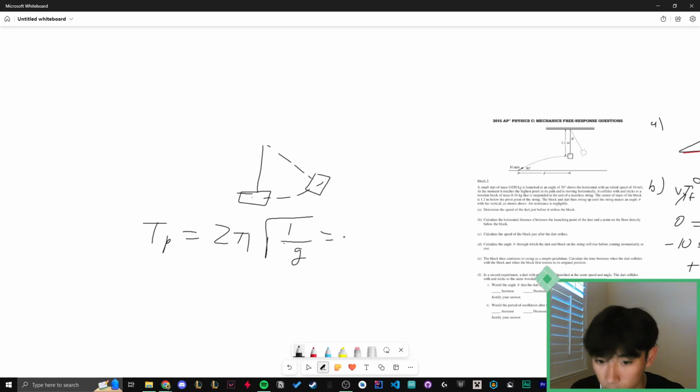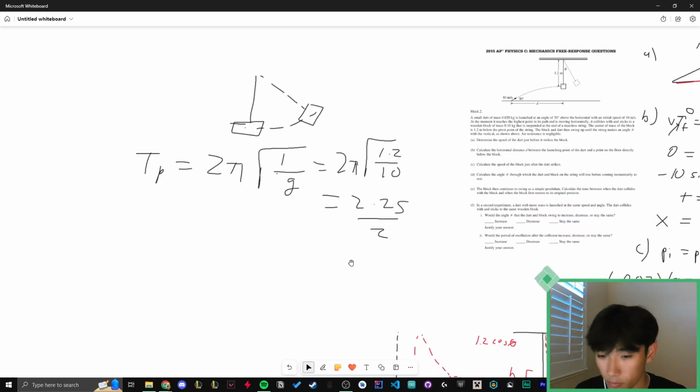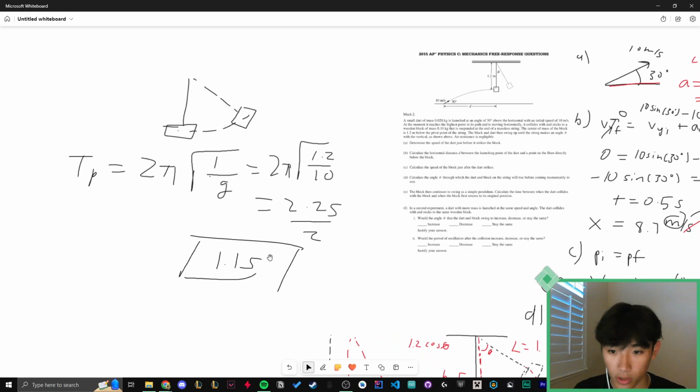So 2 pi times the square root of 1.2 divided by 10, and this should give you about 2.2 seconds. But remember, it's only half of it, so you have to divide this by 2, and the final answer is 1.1 seconds, and that's your final answer. So that's it for E.